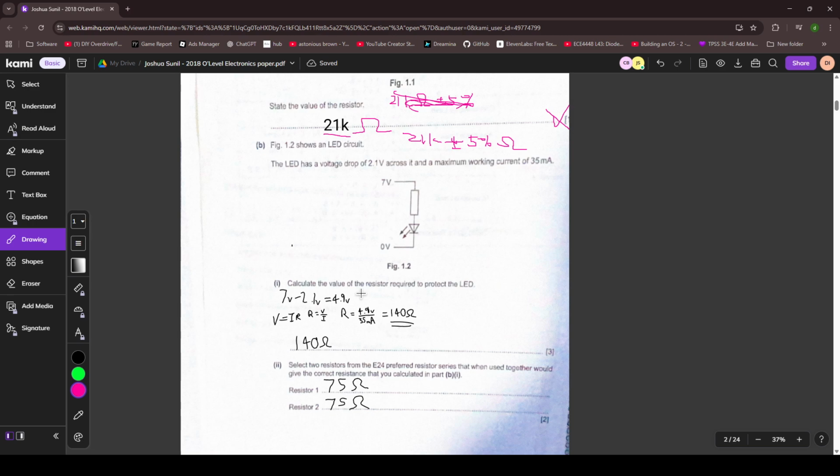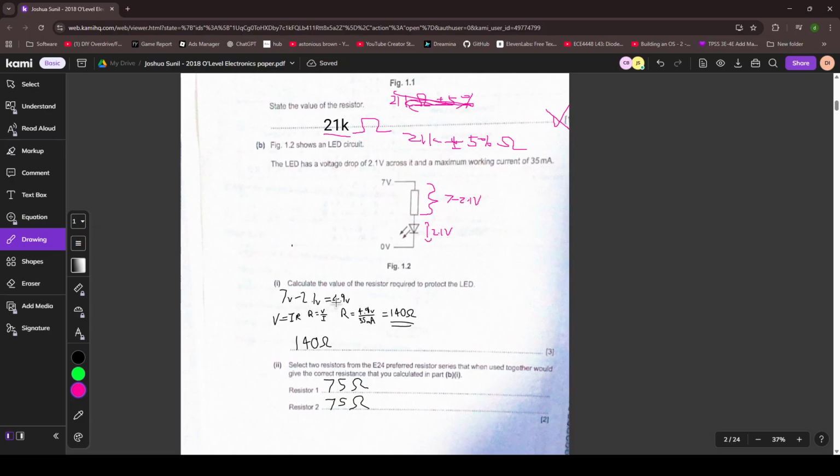So first he does 7 minus 2.1 because the voltage drop across the LED is 2.1 volts. Using KVL, we know what voltage is across the resistor, which would be 7 minus 2.1.